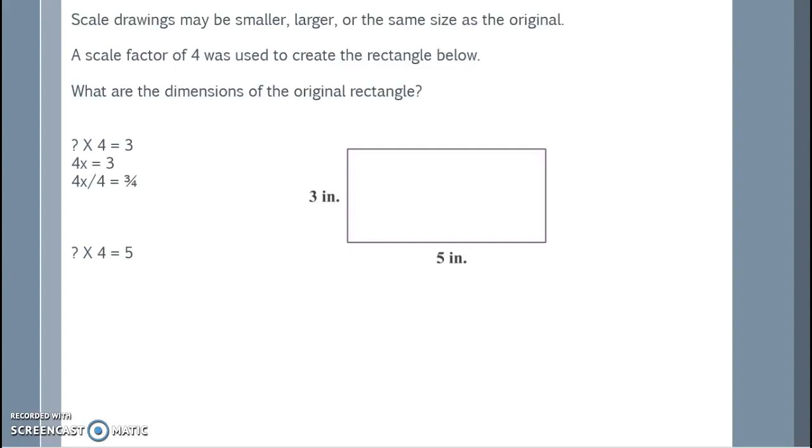So 4x equals 3. When we divide each side by 4, x is equal to 3/4. On the bottom side here, 4x equals 5. Divide by 4, so x equals 5/4. The dimensions of the original rectangle is 3/4 inches by 5/4 of an inch.